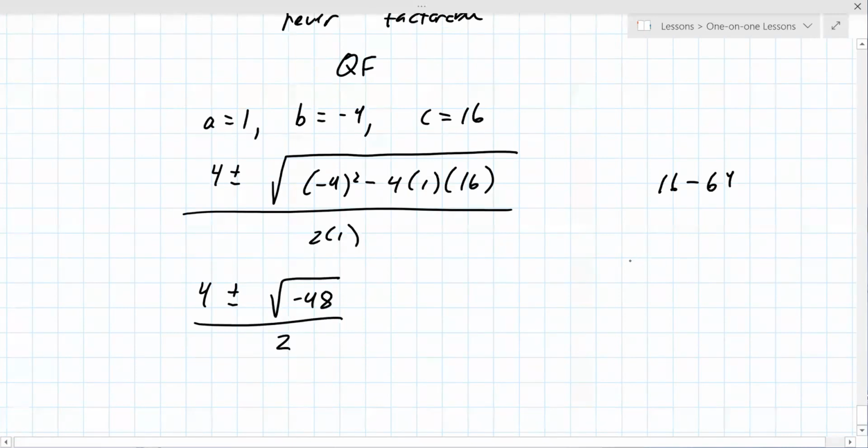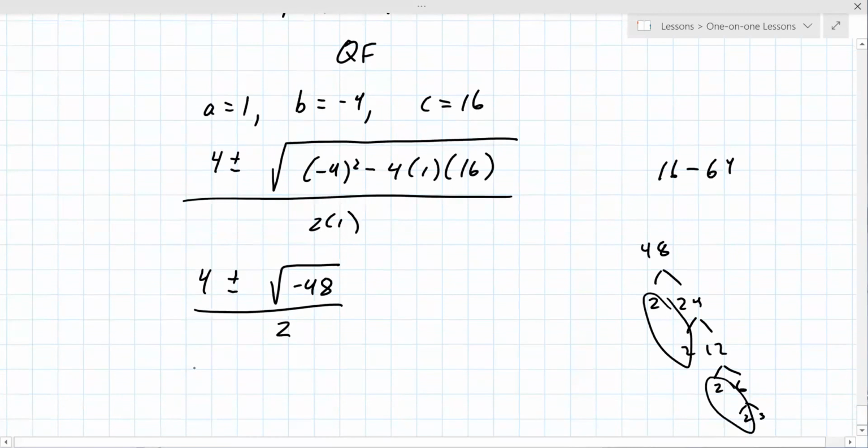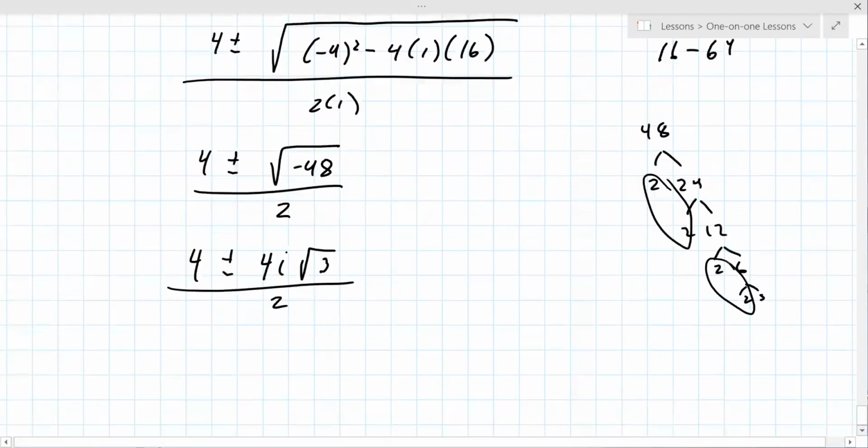So square root of -48, you're really breaking apart 48. So it's 2 and 24, 2 and 12, 2 and 6, 2 and 3. Circle pairs, you end up getting 4 plus or minus, for each pair you bring one out, 4i square root of 3 all over 2. Divide each of those by 2.